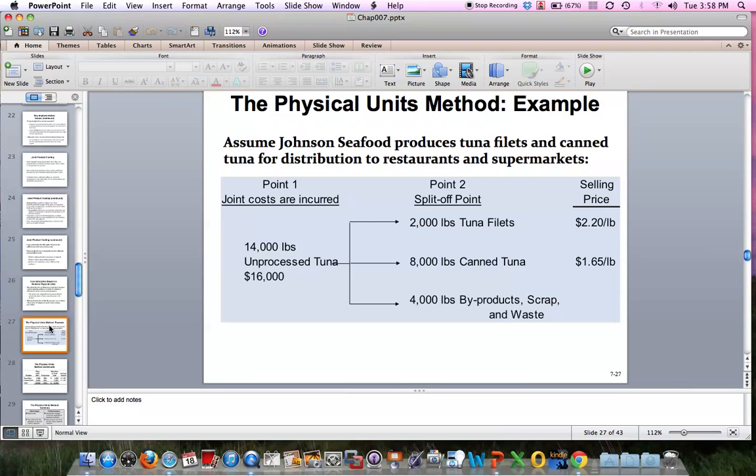We're going to start out with two main products, tuna fillets and canned tuna, and then we've got a whole bunch of byproducts left over, scrap and waste. So $16,000 of tuna is what we have, which is 14,000 pounds, and that 14,000 pounds will turn into 2,000 pounds of fillets, which obviously has a different selling price than canned tuna, and then what's left over is 4,000 pounds of byproduct scrap and waste.